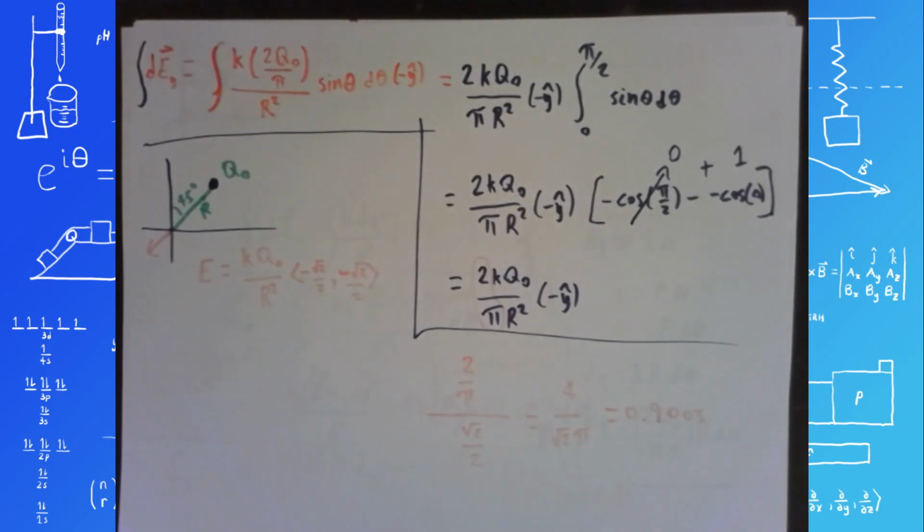So it looks like the arc of charge overall produces a weaker electric field, is what I'm seeing. I'm seeing a weaker electric field overall from the arc of charge compared to just a point charge. All right, good, good, good.